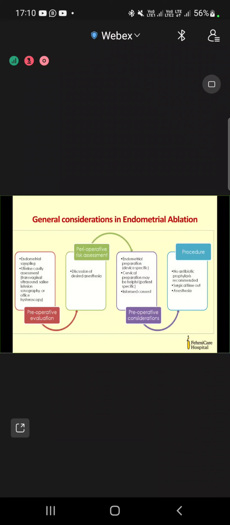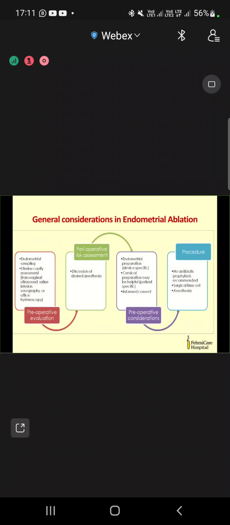Uterine cavity assessment through a transvaginal ultrasound or saline infusion sonography or office hysteroscopy is very value adding, because you are using a blind technique in passing the probe. So you should exclude uterine anomalies, you should exclude polyps, and you should have a clue of the uterine cavity which you are going to ablate.